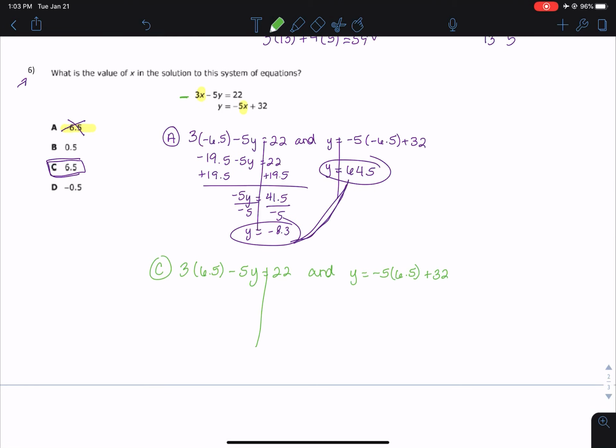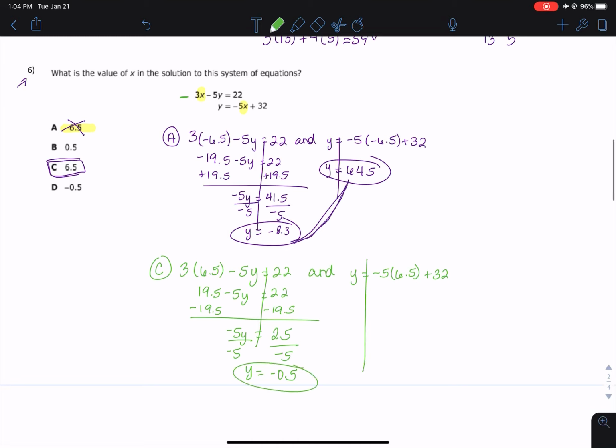All right. 3 times 6.5 is 19.5, minus 5y equals 22. We're going to subtract 19.5 this time. So I have negative 5y equals 22 minus 19.5, which is 2.5. And divide by negative 5. Y equals negative 0.5.